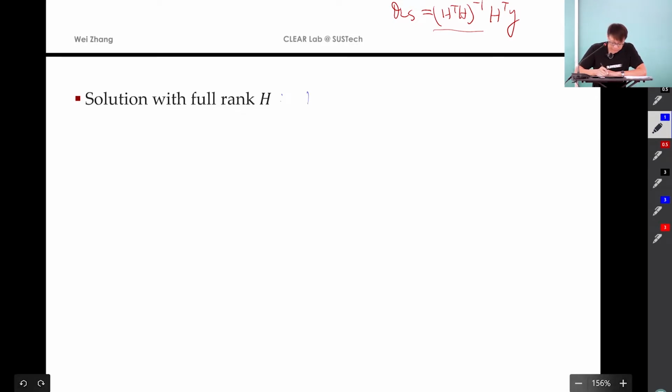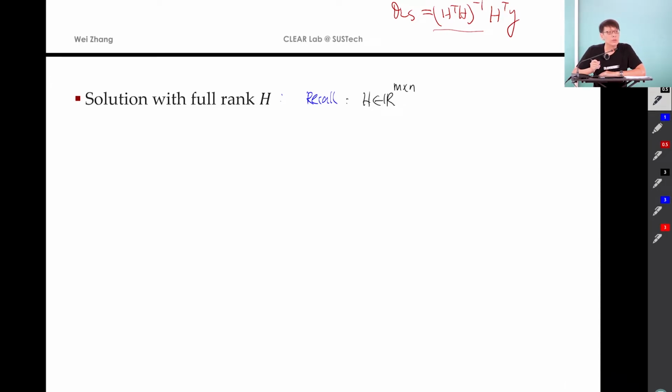So let's recall, let's say H belongs to R, based on our notation, M by N. We have an n-dimensional parameter we want to estimate. Everything is a vector in this class. We have an n-dimensional parameter we want to estimate, and M measurement equations.